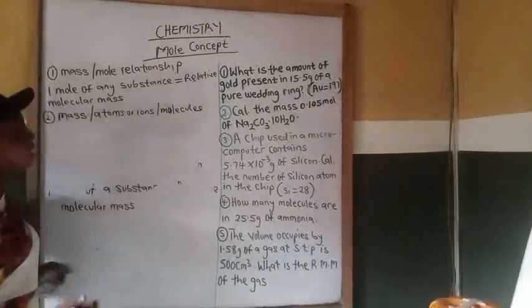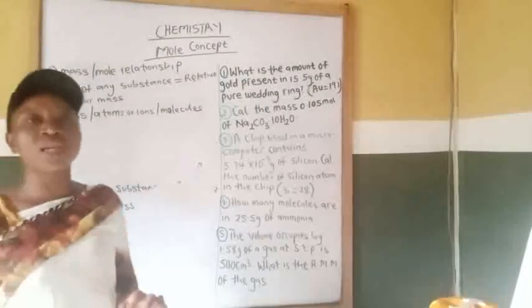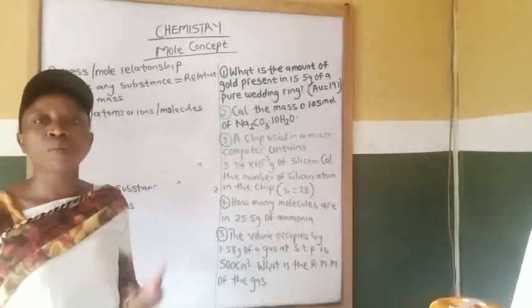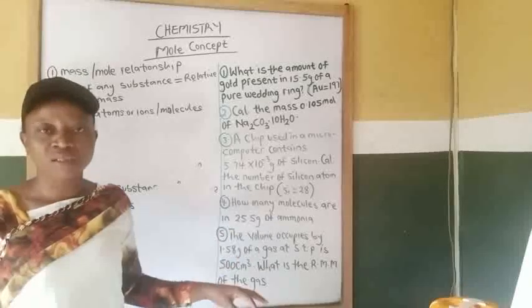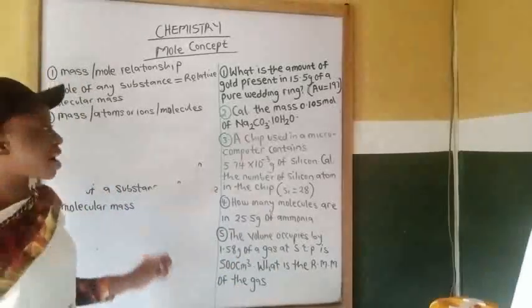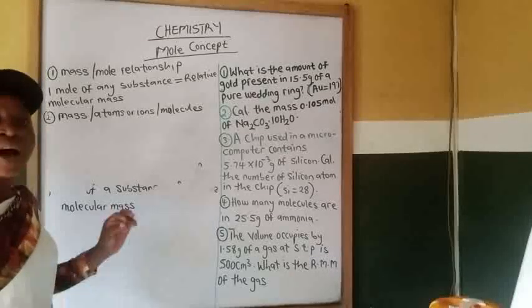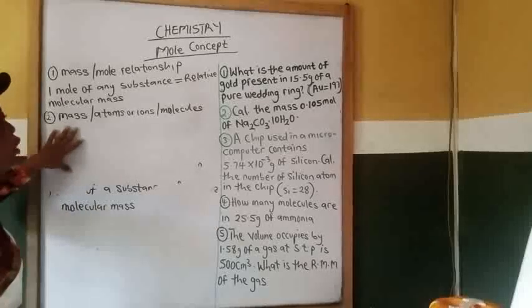You use this relationship when your question is asking you to calculate the number of atoms or the number of molecules of a given mass of a substance in gram. So when your question is talking about the mass of a substance and the number of atoms or the number of molecules, you use what we call the mass-molecule relationship.